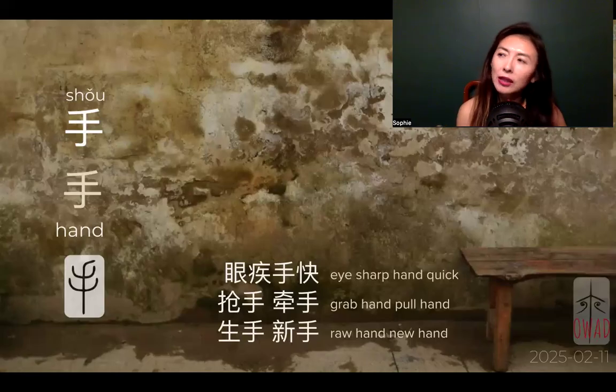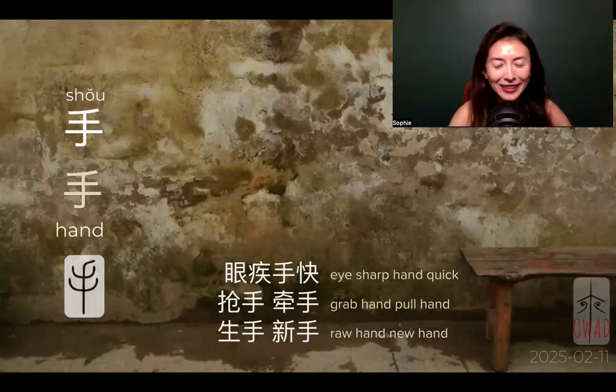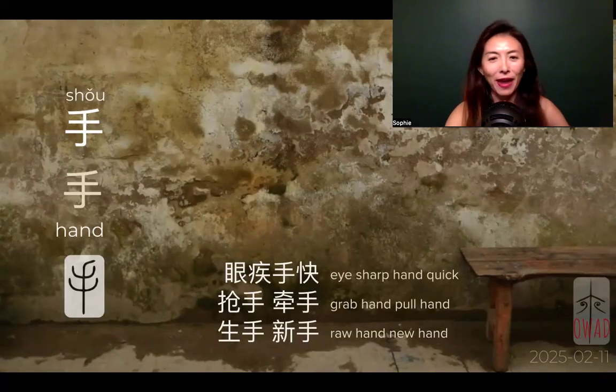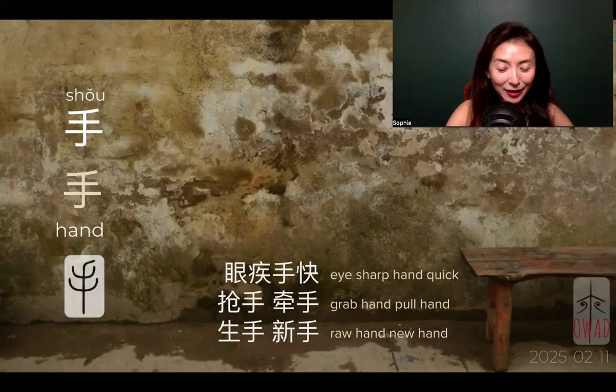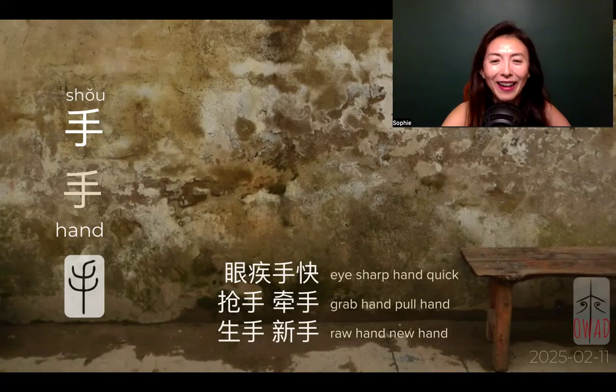Normally we use this expression for sportsmanship, like ping pong, probably a national hobby in China, because it requires a lot of eye sharpness and hand quickness. My dad is a great ping pong player. Tell me about 眼疾手快 on him.